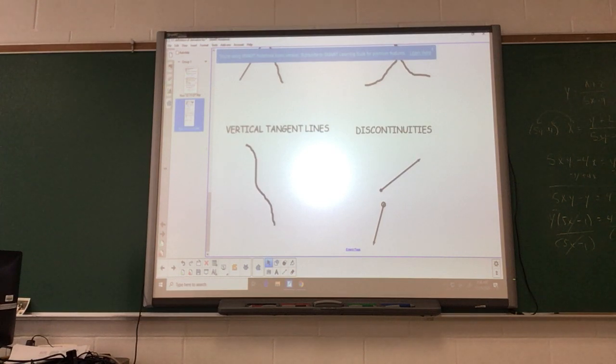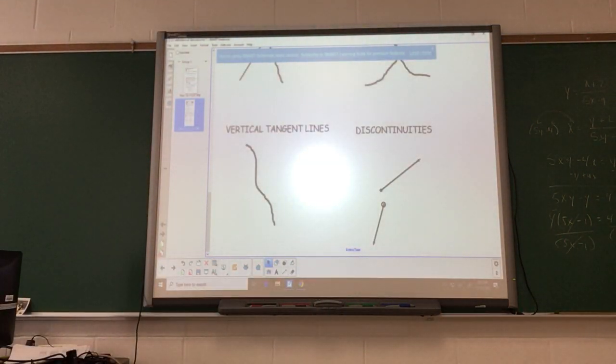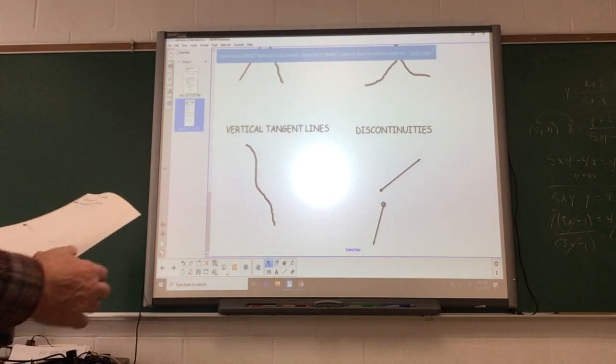I gave you a worksheet. The worksheet is basically doing general derivatives, and your general derivatives are on the front. On the back, you have values of the derivative. And then a couple of equations with tangent lines.